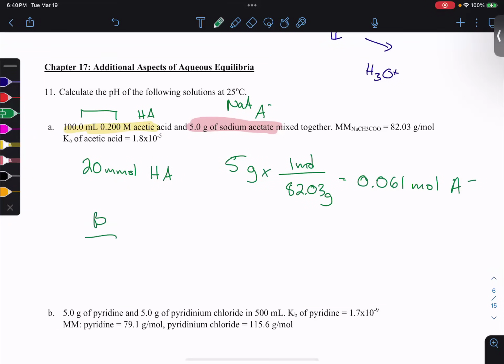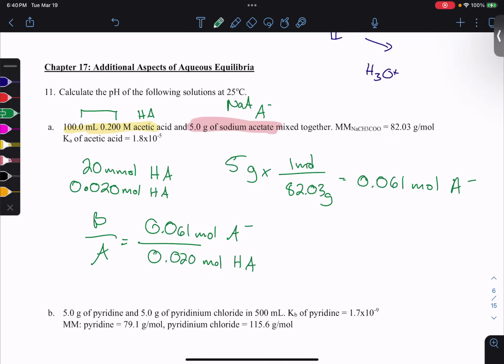I need to actually put this into moles, not millimoles, so that's 0.020 moles of HA. My base to acid ratio is 0.061 over 0.020, moles of A- over moles of HA. That is what you put in your Henderson-Hasselbalch, with pKa equal to 4.74.